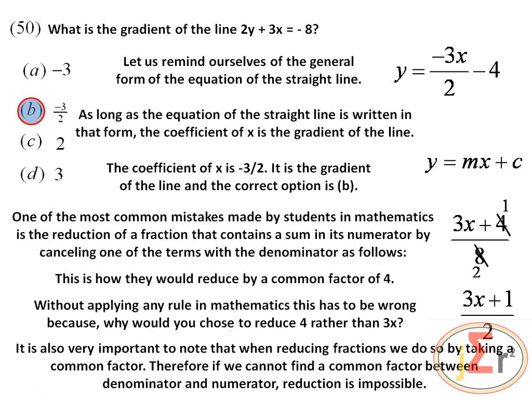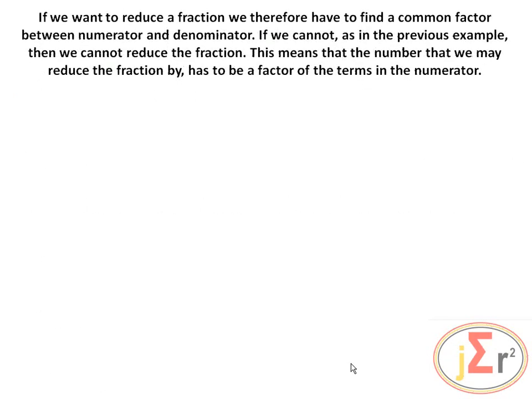In reducing a fraction, we will have to have a common factor between numerator and denominator. If we cannot find that common factor, then we cannot reduce. If we want to reduce a fraction, we therefore have to find a common factor between numerator and denominator. If we cannot, as in the previous example, then we cannot reduce the fraction.